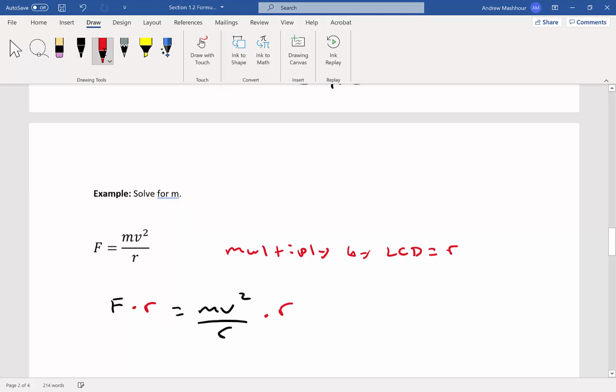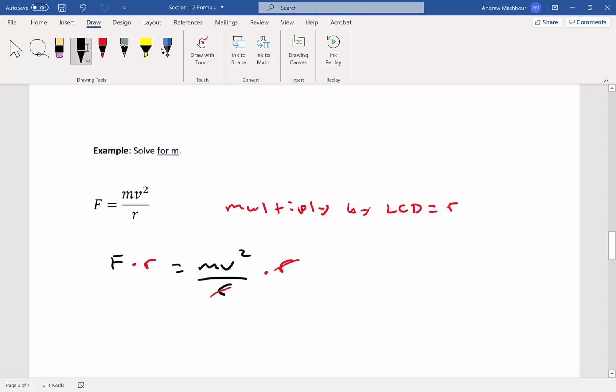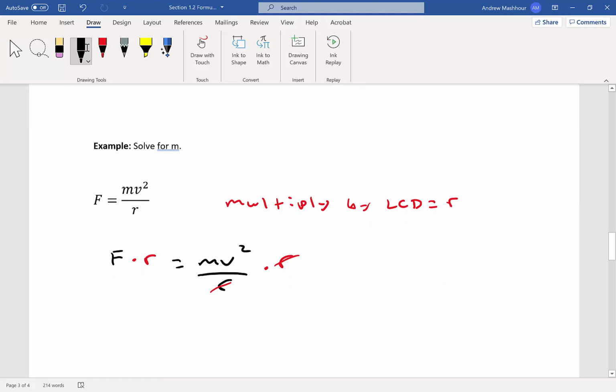The reason why I'm multiplying by r is that the r in the denominator and this r are going to cancel out. Now I'm left with an equation that does not have a fraction in it. So I have f times r is equal to mv squared.